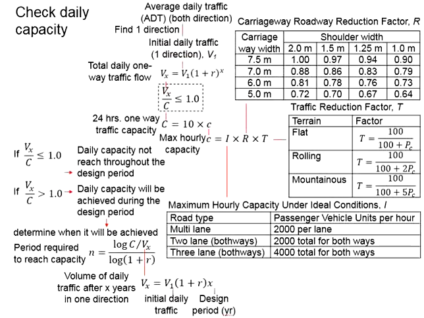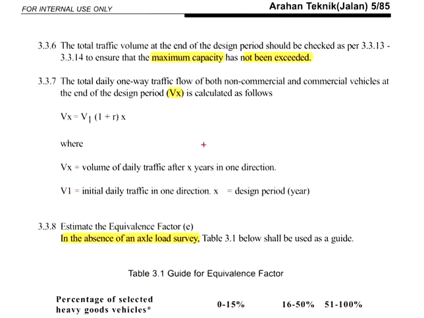This slide summarizes the checking process for the traffic capacity. Vx refers to the total daily one-way traffic flow. This can be calculated by using these equations as given in clause 3.3.7.